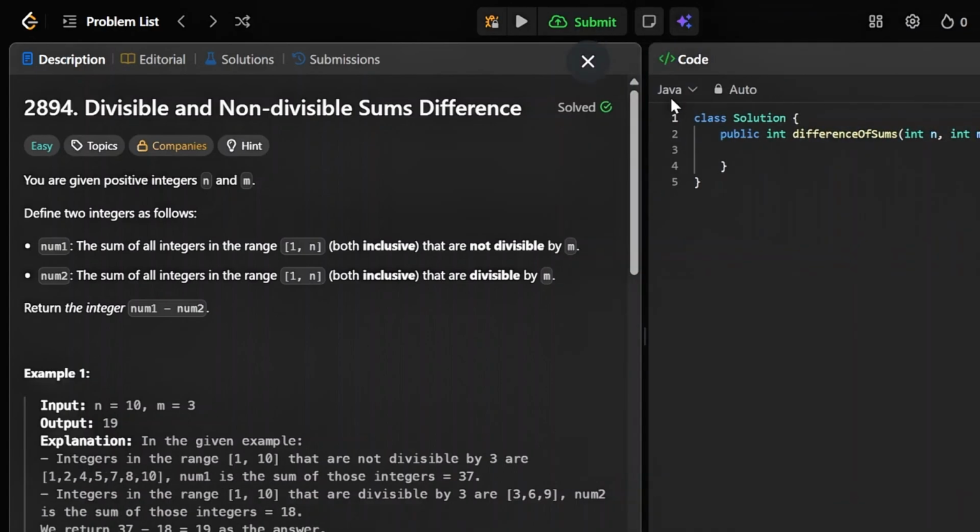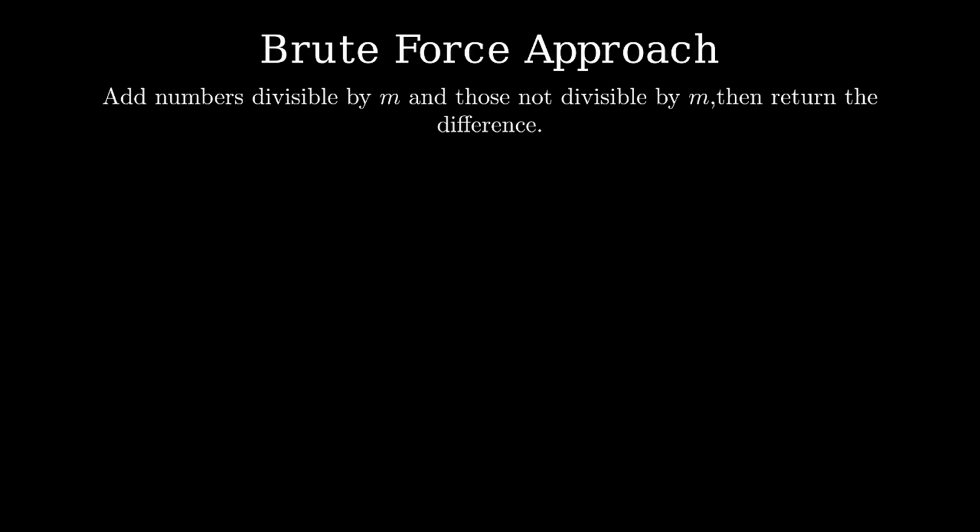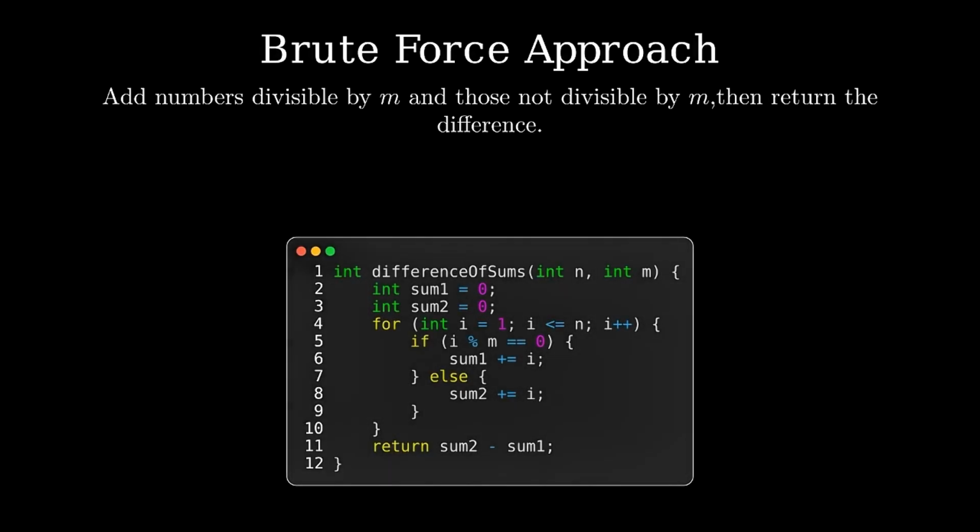Now let's go into how we are able to do it, like what's the strategy behind doing something like this. Let's start off by examining the brute force approach. I think you might have already thought of this, but this problem can be easily solved using the brute force approach. This involves setting up two counters: one for the sum that is divisible by m, and the other for the sum that's not divisible by m.